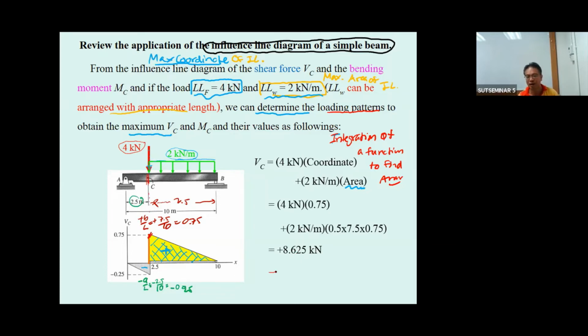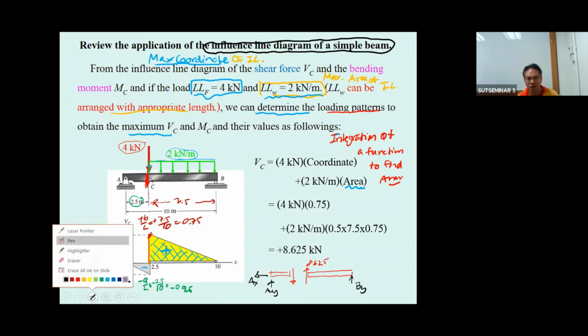And then from the shear that you have over here, you can draw the free body diagram. The shear is going to be positive, so it's going to be 8.625 if you cut it on the left-hand side. Then you can use this shear to determine A sub y, A sub x, B sub y, and the moment over here.